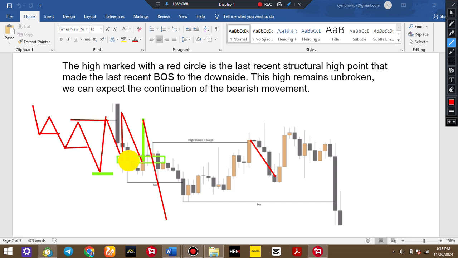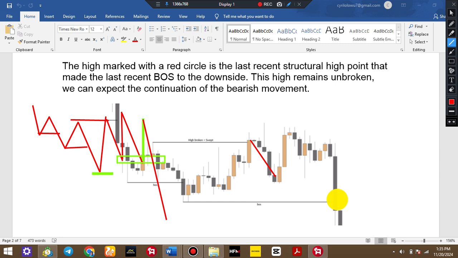But those who are going to use their senses, if this situation should happen in your 4 hour, if you go to your lower time frame to refine that order block, then you wouldn't have been a victim of this kind of move.